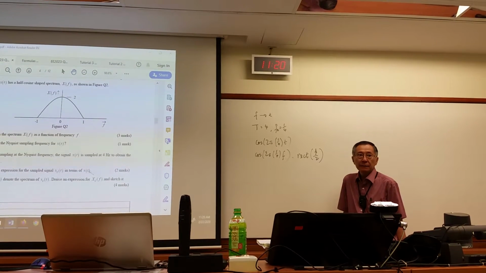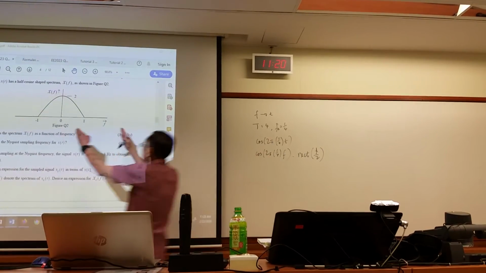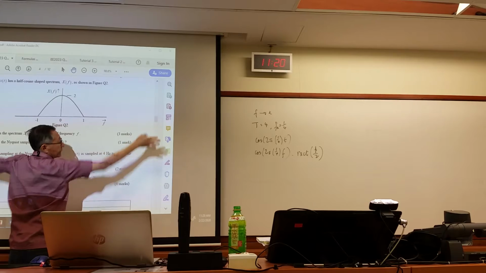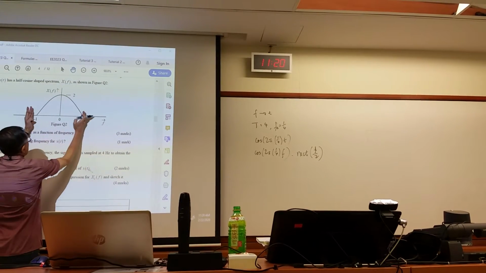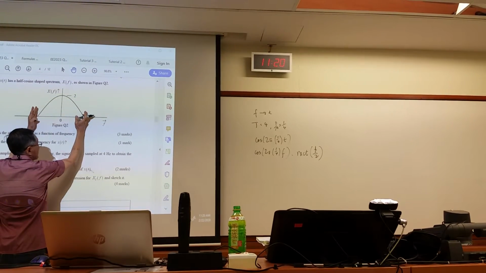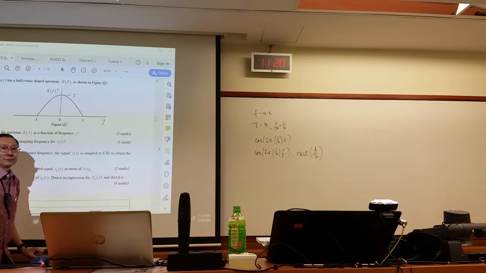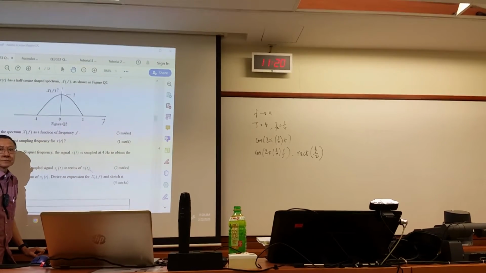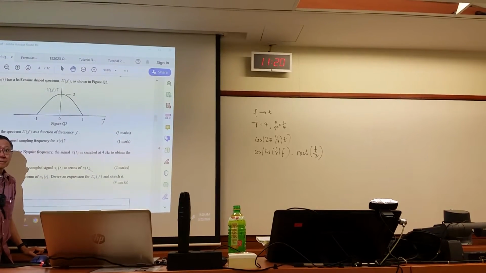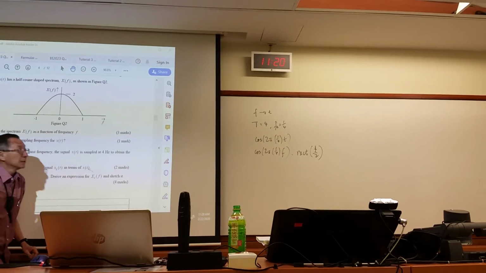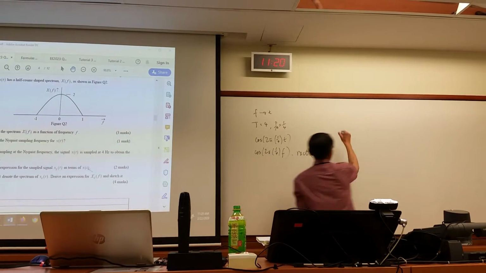You see? Because it has cut off everything from here. So that rect is from minus 1 to plus 1, so it's a width of 2. Do you see it? Still don't see it.